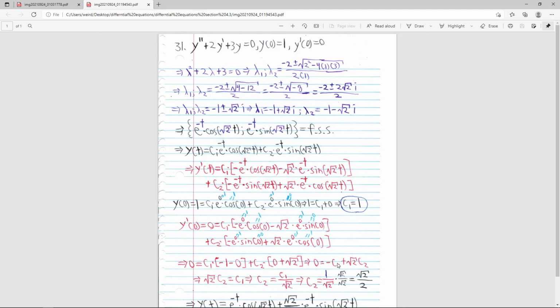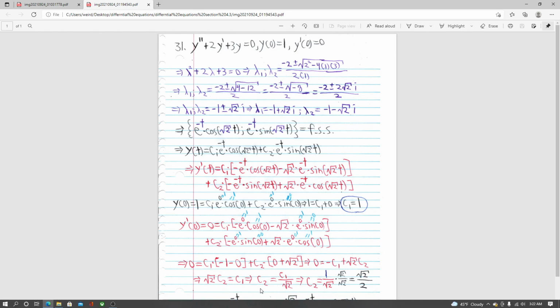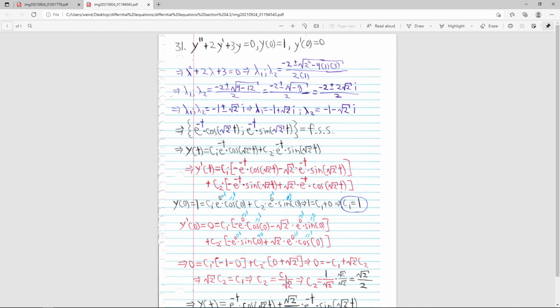This means 0 = -c1 + √2 c2. So √2 c2 = c1, basically, because you add c1 to both sides. Then c2 = c1/√2. Plug in c1 = 1, so c2 = 1/√2.